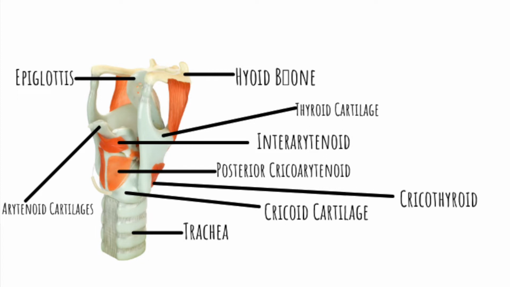The thyroid cartilage sits on the cricoid cartilage in the front. And then in the back, the two arytenoid cartilages sit on the cricoid cartilage, and they're responsible for opening and closing the vocal folds. And then the epiglottis sits right above the thyroid cartilage, and that's that flap that folds down over.